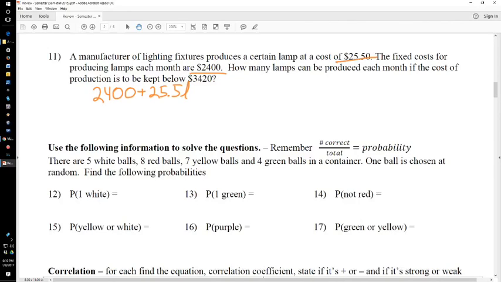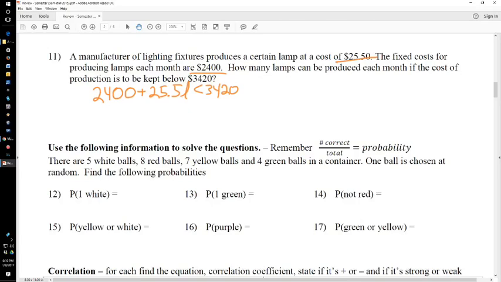And that has to be kept below, it needs to be less than 3420. How many lamps can be made? All right, so again, it's the fixed cost plus the cost per item. So cost times the number of items equals your total, the big T.